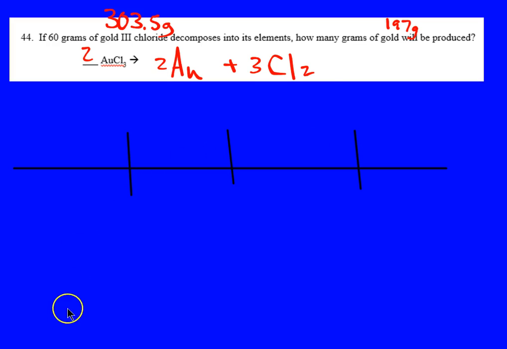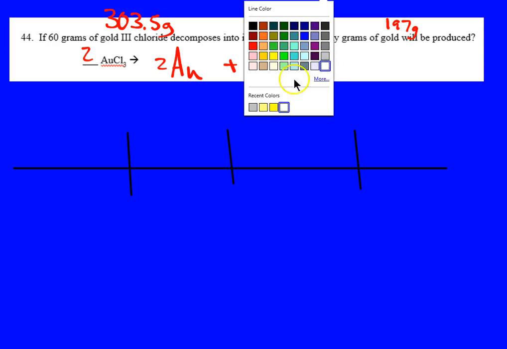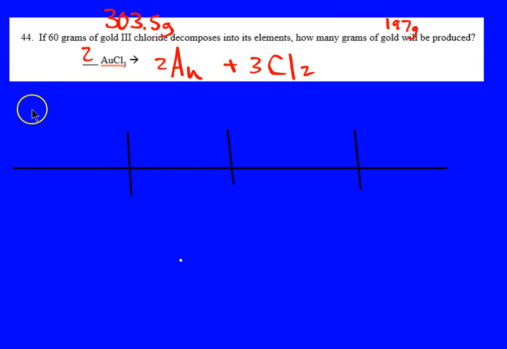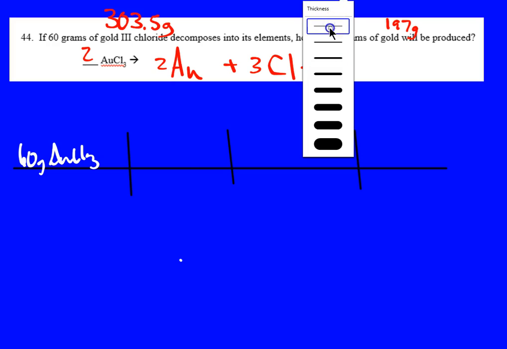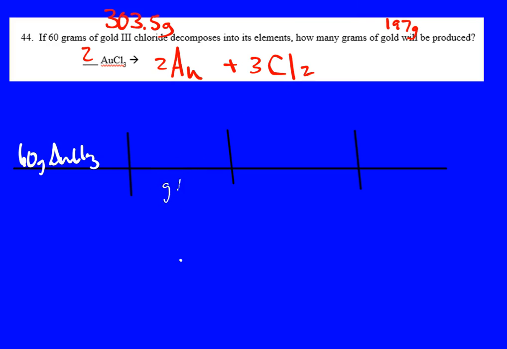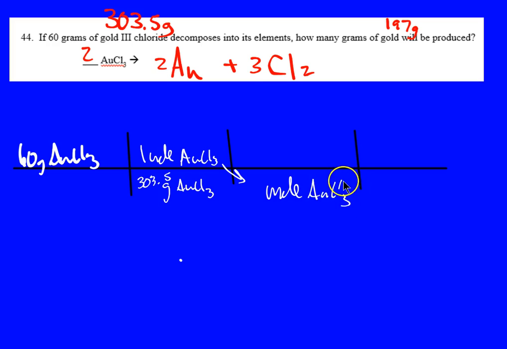Take a few minutes and try that on your own. 60 grams of AuCl3. That means grams AuCl3 has to come down to the bottom. And that's the one I gave you, 303.5, and that's per 1 mole of the same thing. Coming down here then, that means mole AuCl3.